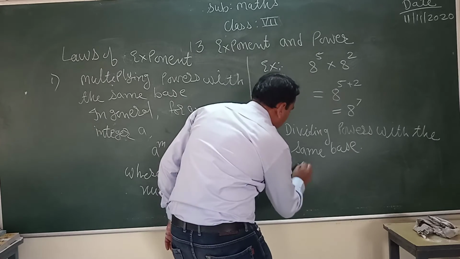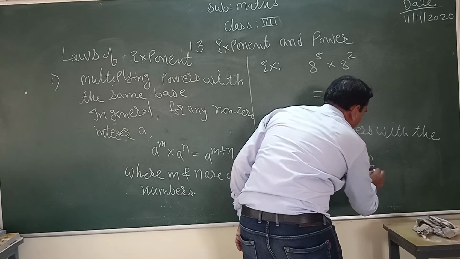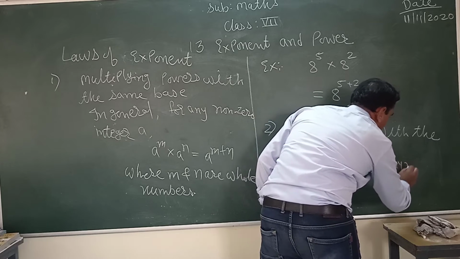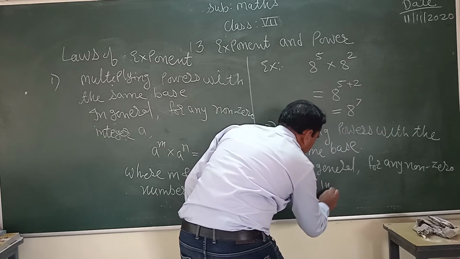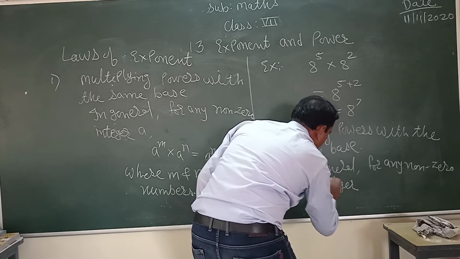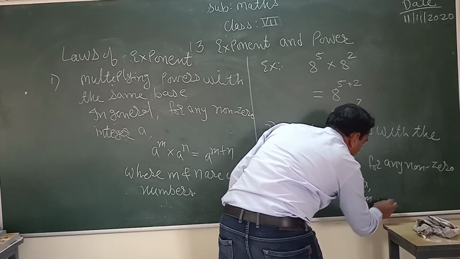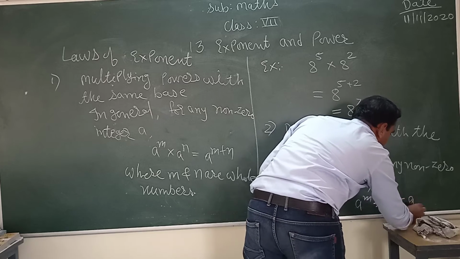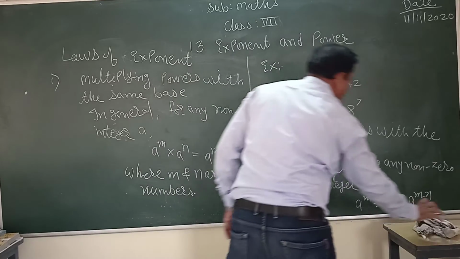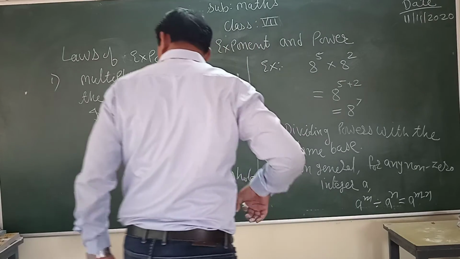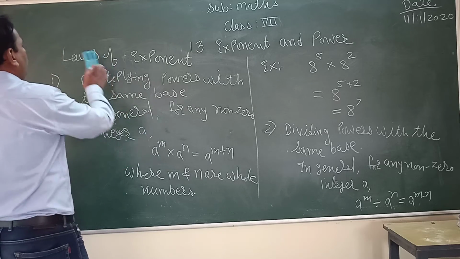In general, for any non-zero integer a, the law is a to the power m divided by a to the power n is equal to a to the power m minus n. Here the base is the same and the powers are different, so we do the subtraction of these two powers.